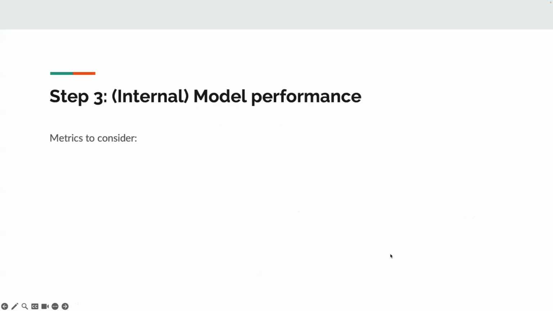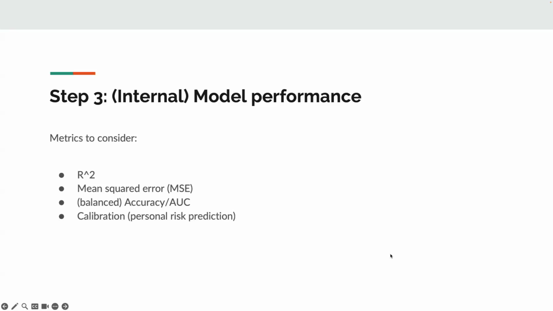All right, so let's say that we've chosen a model, then obviously we need a way to check how well this model is working. There are many different metrics we can consider depending on if we predict a continuous outcome or a binary outcome. We can look at things like R squared, mean squared error, balanced accuracy or AUC, and calibration. I think calibration is something which might not always be discussed, but it's actually very important.